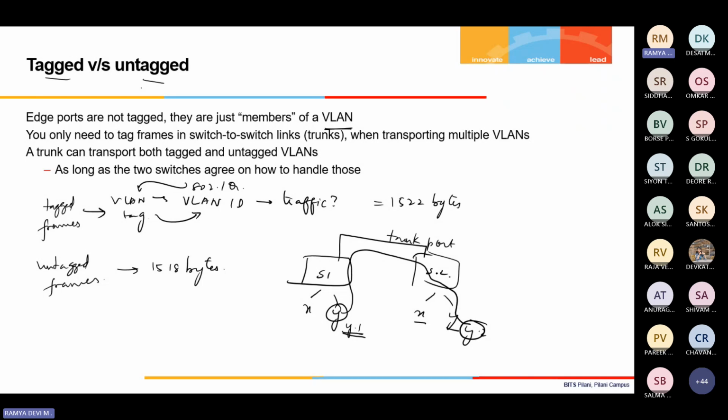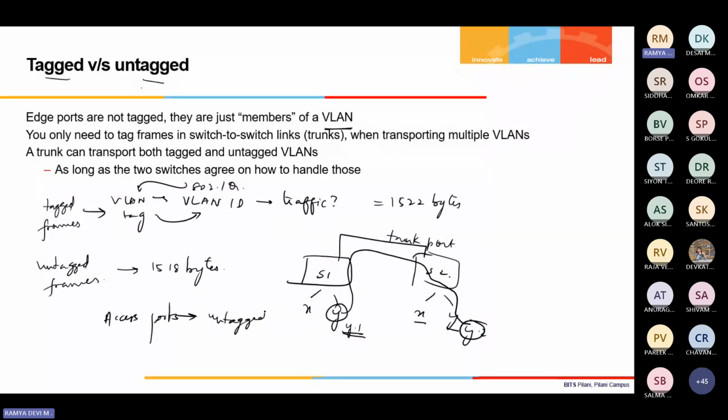Within a particular switch, if I'm passing the information, the VLAN tag will not be added. It is an untagged frame, a native VLAN frame. In this case, both switches must agree on which VLAN is untagged to avoid confusion or lost frames. Access ports use untagged frames.